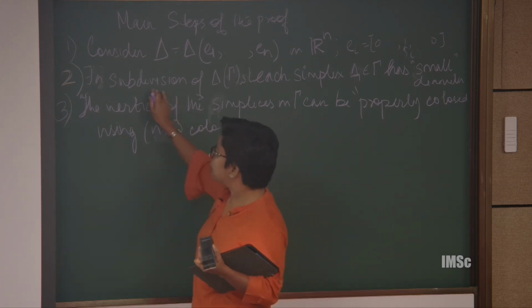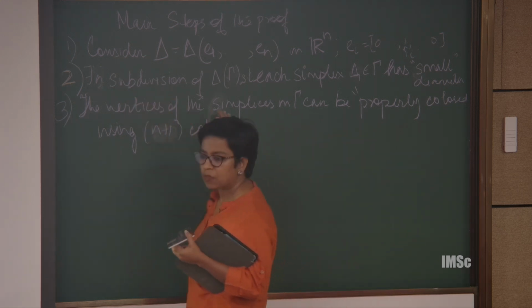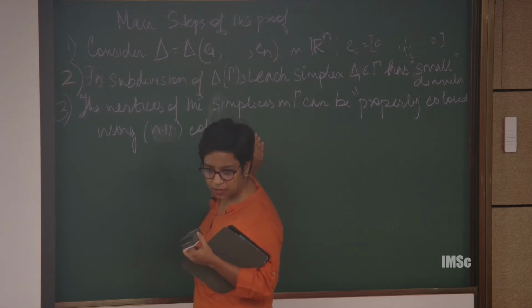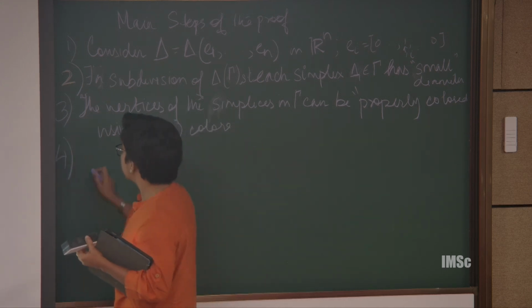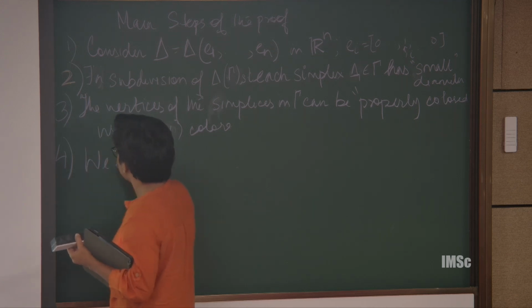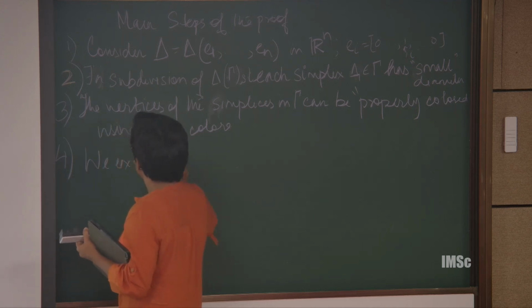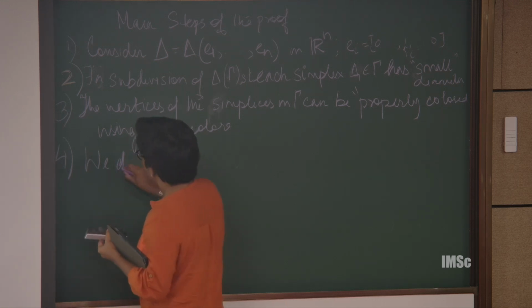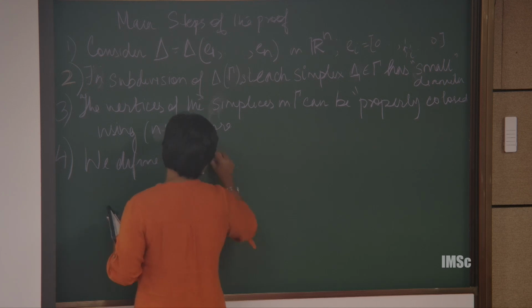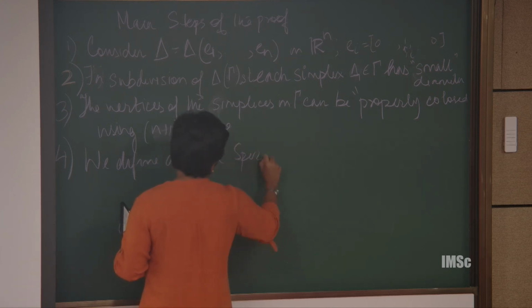There is a way of creating the subdivision. From there is a way of creating a coloring, that is a proper coloring. From there we extract from that coloring what we call a valid Sperner labeling.